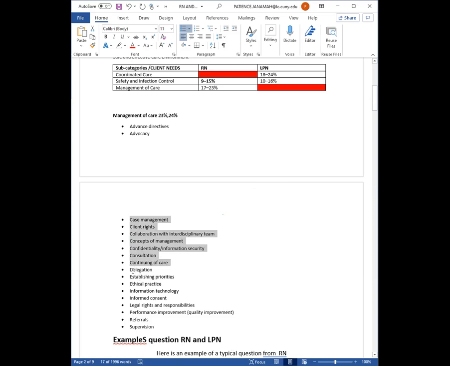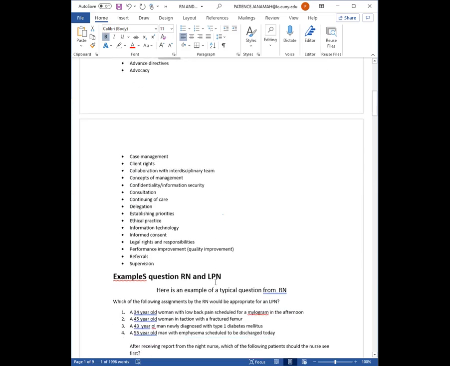Remember, delegation is here, and prioritization too is here. It's all part of management of care. It does have a bigger percentage, so you need to study all the content area. If you get 24% of this and you get 2% under risk reduction potential, you are not passing.